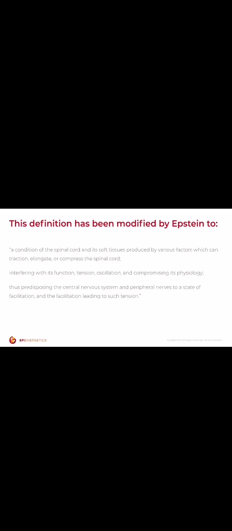I modified that to be a condition of the spinal cord and its soft tissues produced by various factors which contract, elongate, or compress the spinal cord, interfering with its function, tension, oscillation, and compromising its physiology, thus predisposing the central nervous system and peripheral nerves to a state of facilitation, and the facilitation leading to such tension.